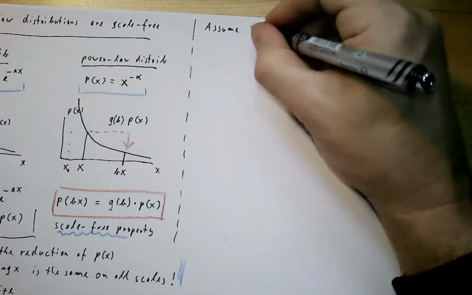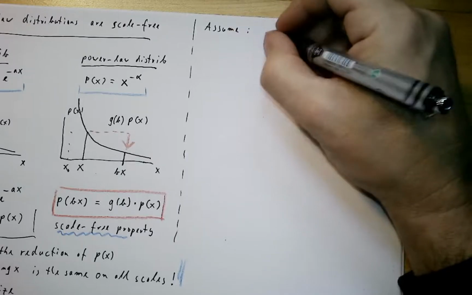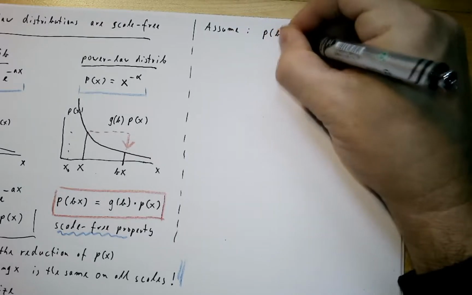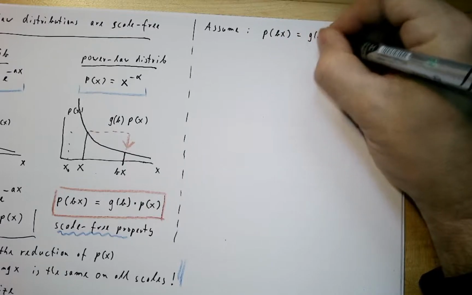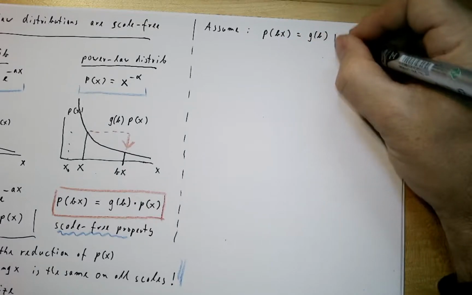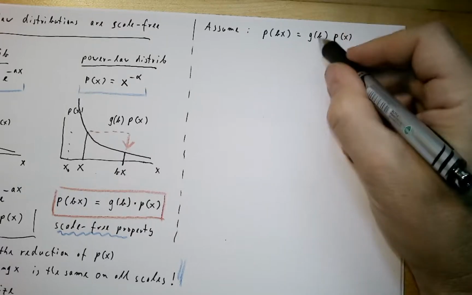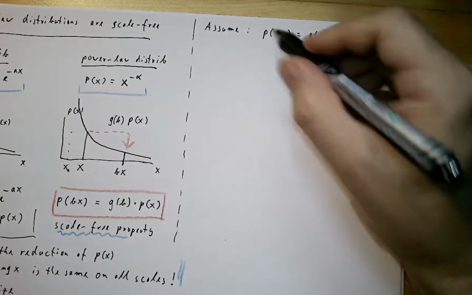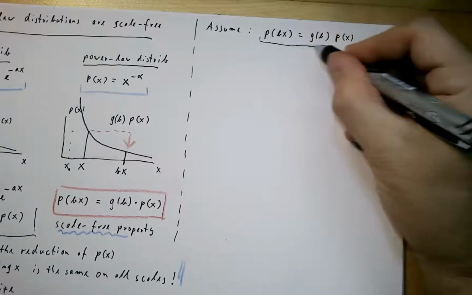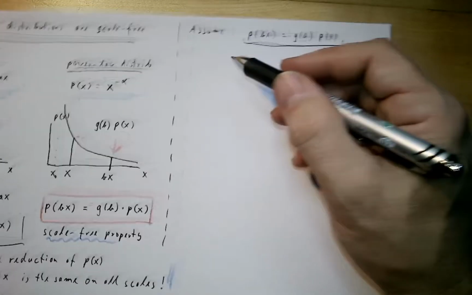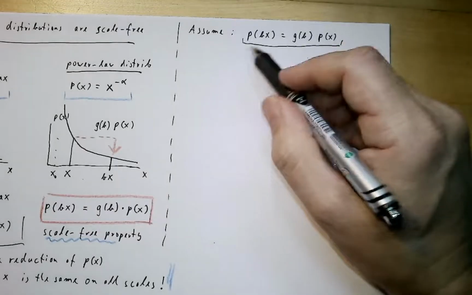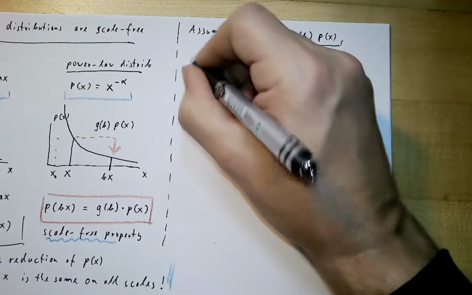So assume we have a probability distribution which has this property, p of b times x equals g of b times p of x, with some function g which we don't know. And now we want to know what kind of distribution this is. So first we can take x equal 1.